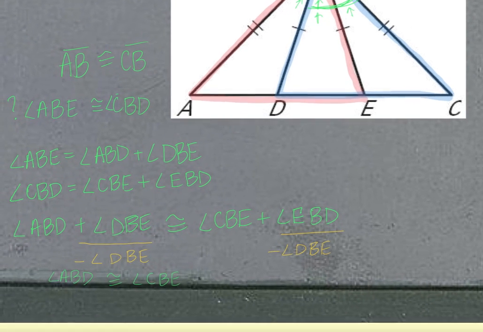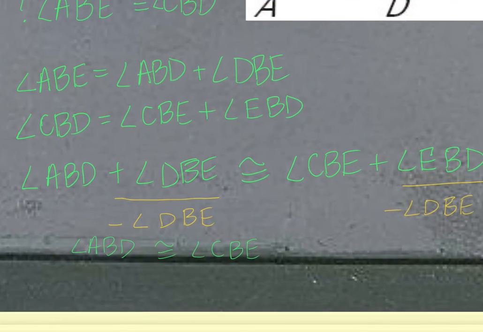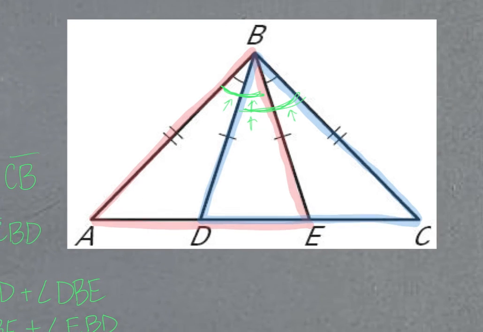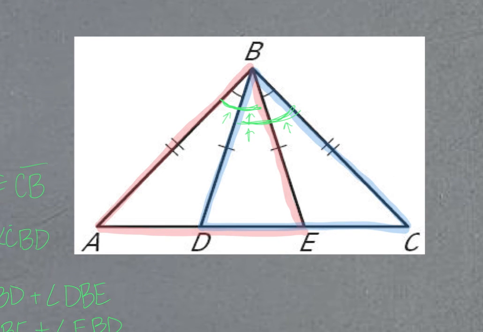Take a look at the diagram. How do we know that those two angles are congruent? ABD and CBE. Well, ABD is this angle. And CBE is this angle. How do we know that those two are congruent?